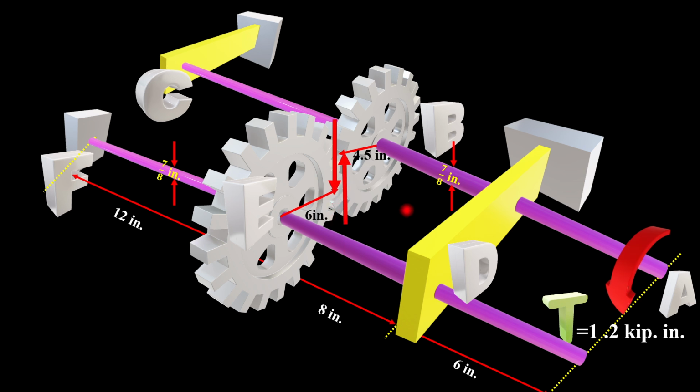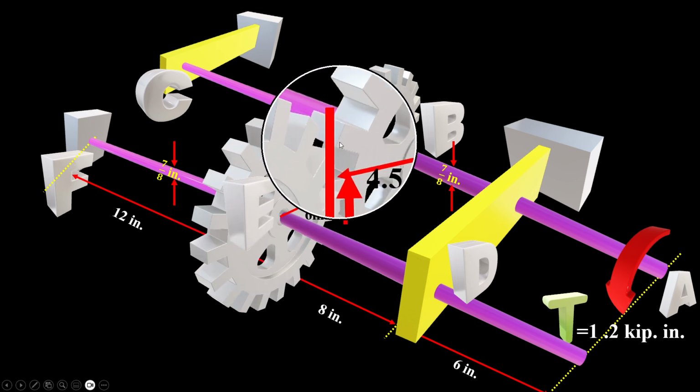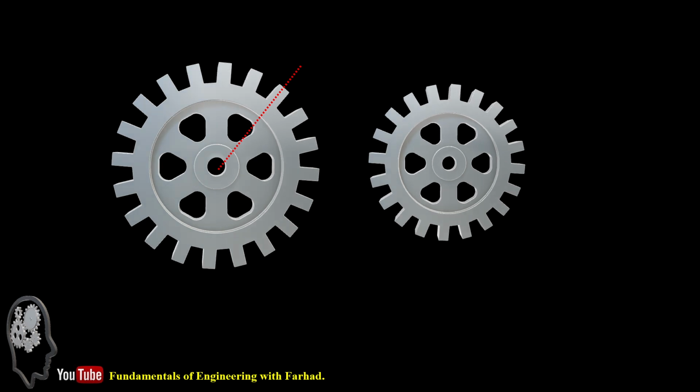As you can see, there is a tangential force or contact force between the gear teeth of gear B and E over here. We call that the contact force or tangential force.